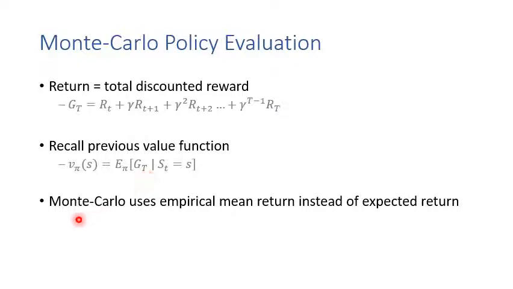Different from previous methods, Monte Carlo uses the empirical mean return, which means it runs multiple episodes and uses the average as the value instead of the expected return. Previously, we used the probability of the policy to estimate the value function at the state t. So the main difference between Monte Carlo and other methods is that Monte Carlo uses the empirical mean return.